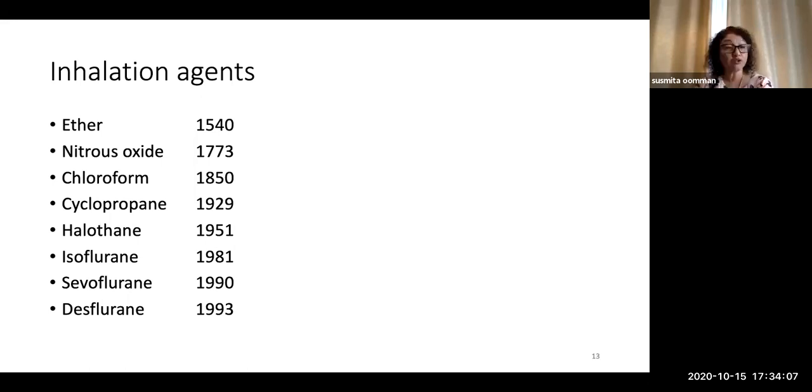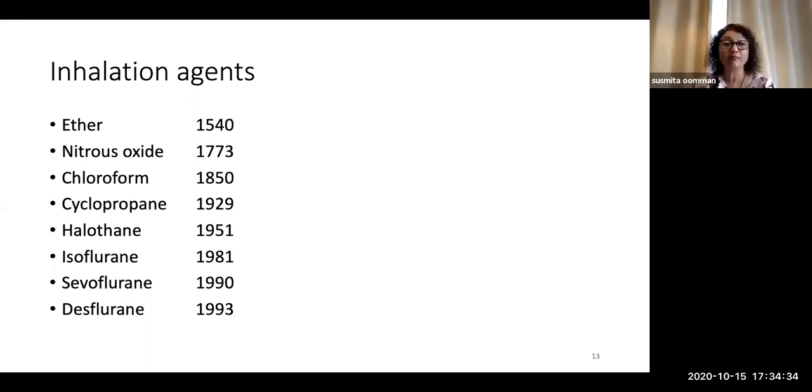Isoflurane is good for patients with cardiac problems, and desflurane is more stable in terms of anesthetics, which we use now. However, the problem with desflurane is that it's pungent, and nobody is going to breathe the desflurane because it will make them cough, and that would be counterintuitive if you're trying to drift anybody off to sleep. So this is where we are now.